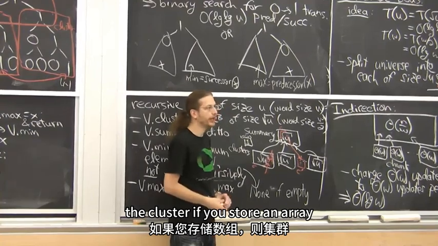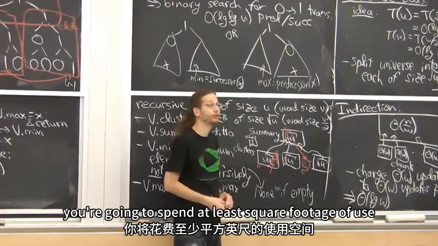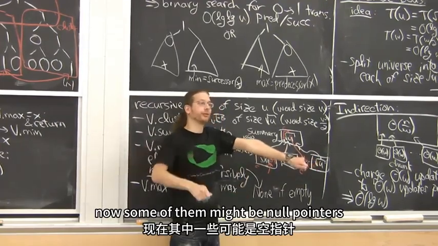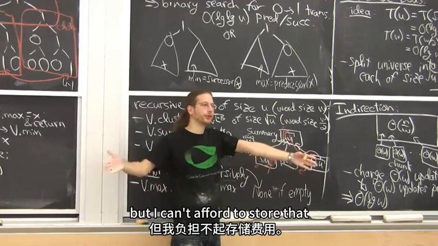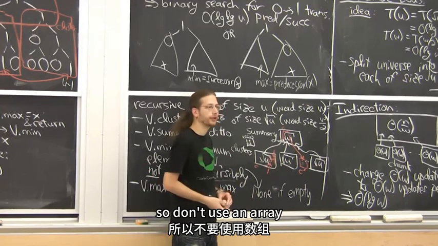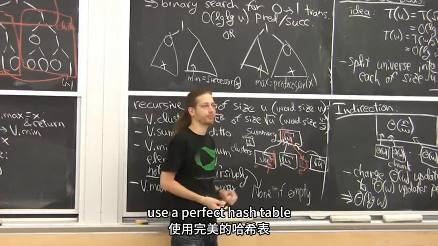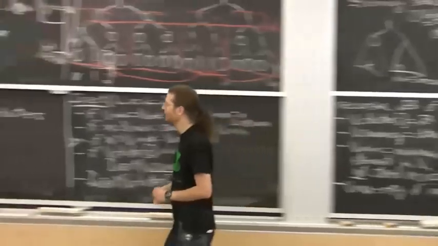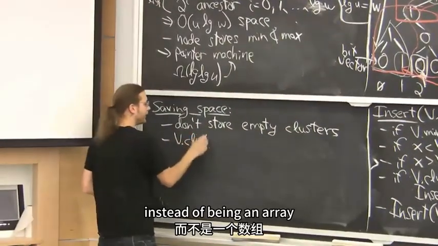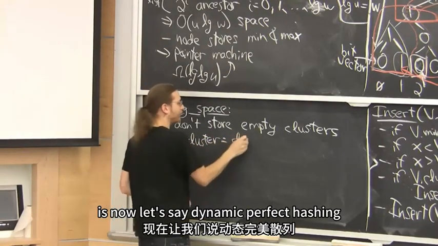If you store an array, you're going to spend at least square root of u space, because at the very beginning, you say, here are my root u clusters. Now, some of them might be null pointers, but I can't afford to store that entire array of clusters. So don't use an array. Use a perfect hash table. So v.cluster, instead of being an array, is now, let's say, dynamic perfect hashing.